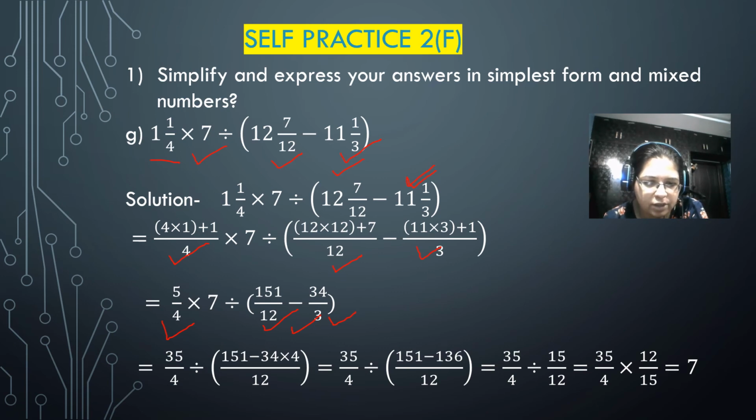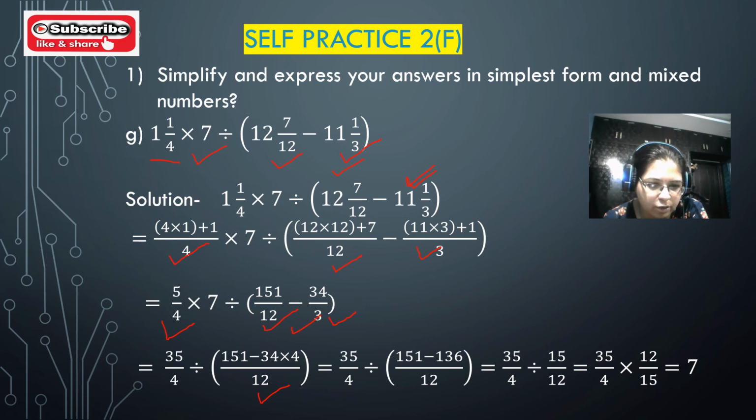LCM of 12 and 3 is 12. Write down 12 in denominator. Now we divide the LCM 12 with the denominator 12 of this first fraction 151/12. So 12 divided by 12 is 1 and multiply 1 with 151, that is numerator 151 we get.